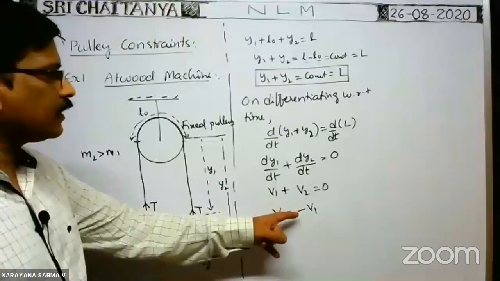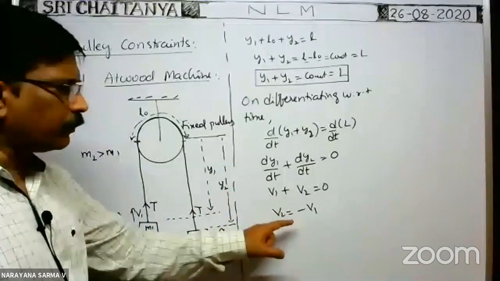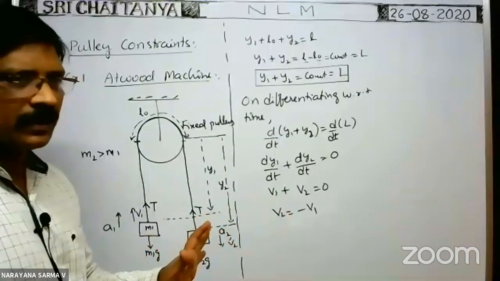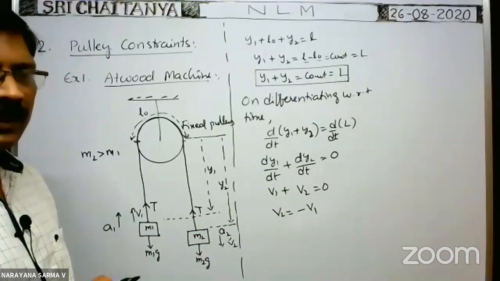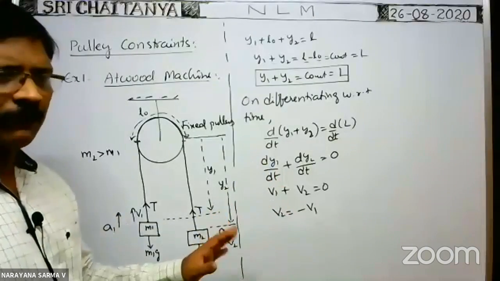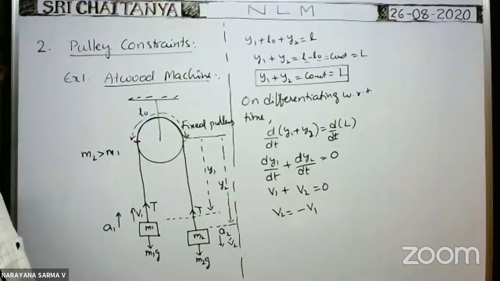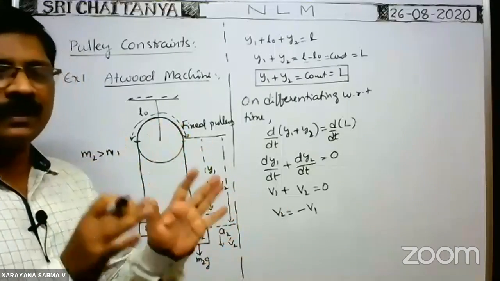Here minus represents these velocities are not exactly in opposite direction. The meaning of minus is not exactly opposite direction. v1 v2 are in different directions. Here the minus sign does not represent that both are in opposite directions. Of course here they may be in opposite directions, but the minus sign represents that v1 v2 are not in the same direction.